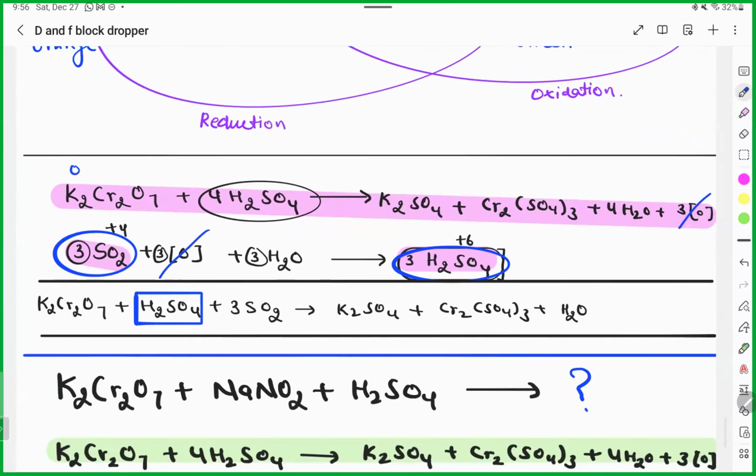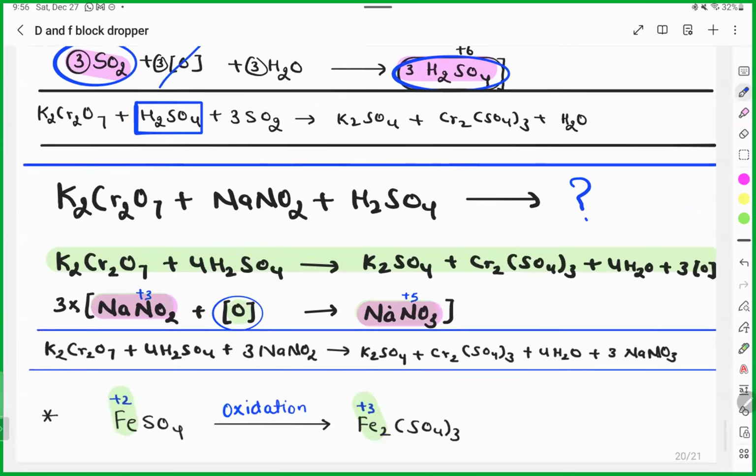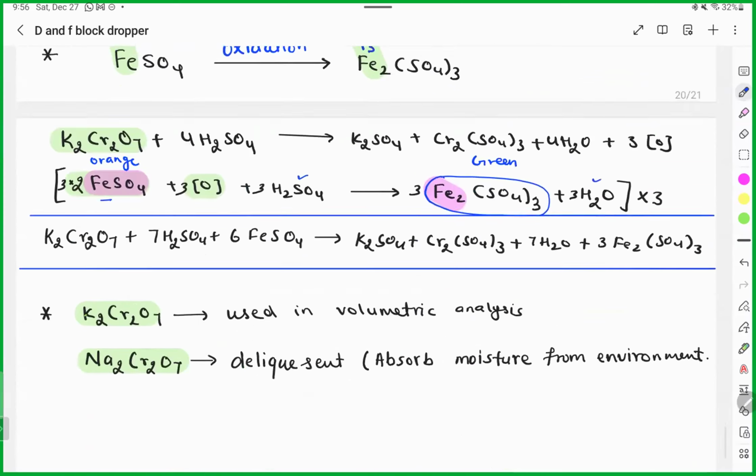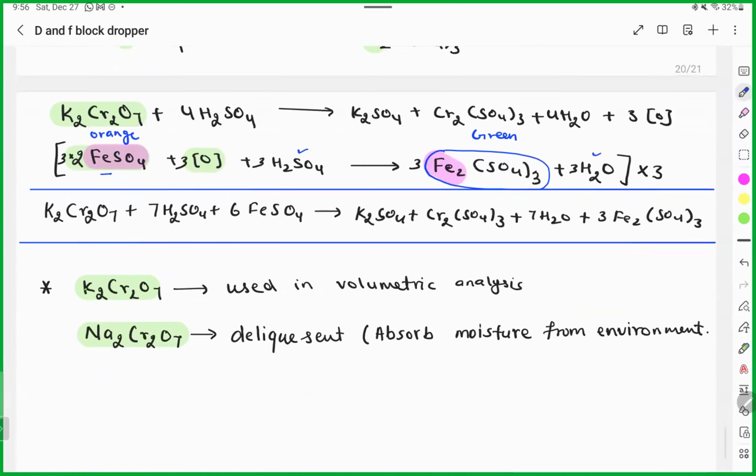Same here. It is orange K2Cr2O7 and this is green. Same here. It is orange and this is green. Why am I writing? For your practice, so you don't forget the color because these are popular colors. So you write multiple times. You will be efficient enough.